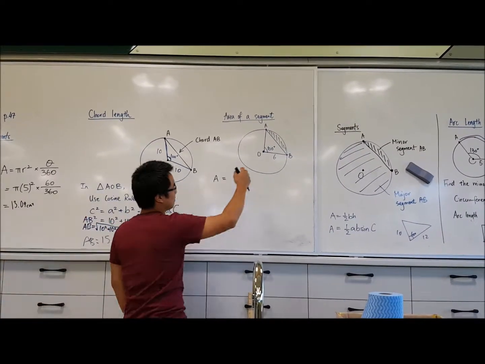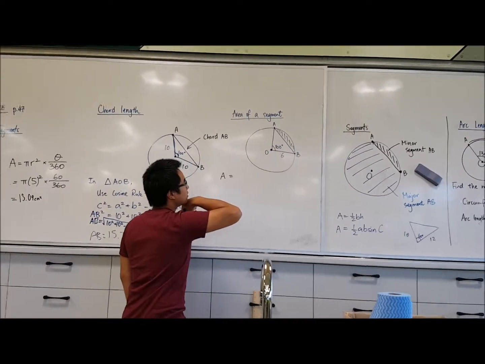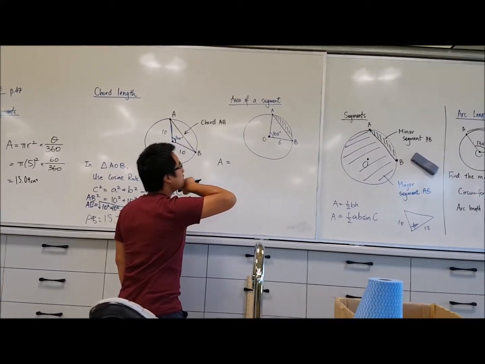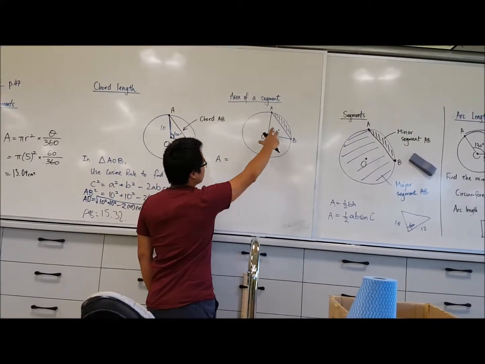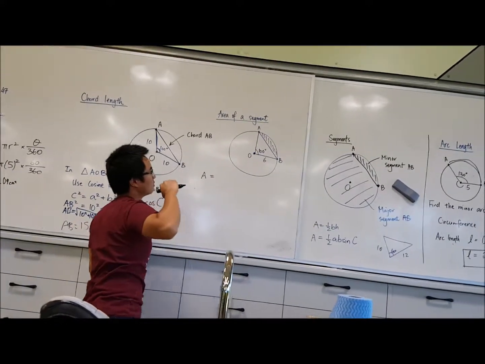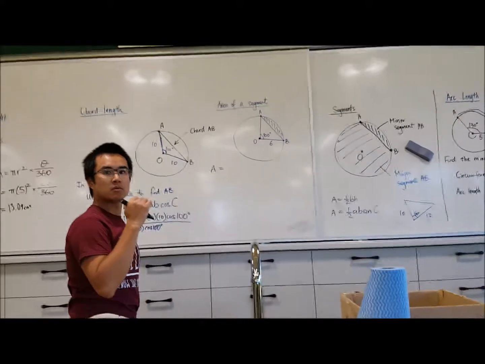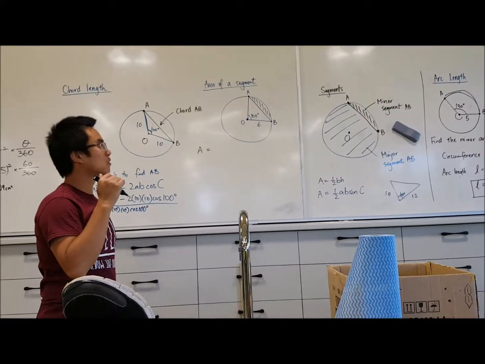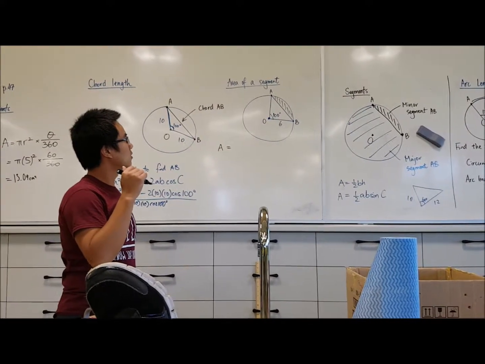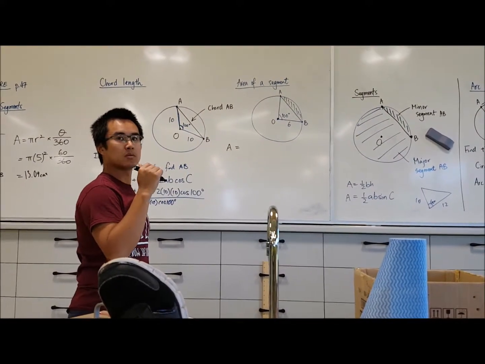The major segment is everything in the circle except for that, though. You take that away from the whole, and then take the triangle area away from the whole, and you're left with the area of the segment.